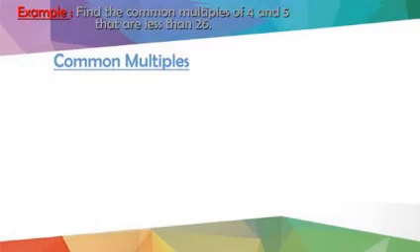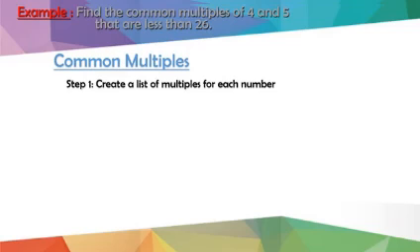Find the common multiples of 4 and 5 that are less than 26. In order to find the common multiple, list the multiples of each number. Multiples of 4 are 4, 8, 12, 16, 20, and 24, and stop since 24 is less than 26.